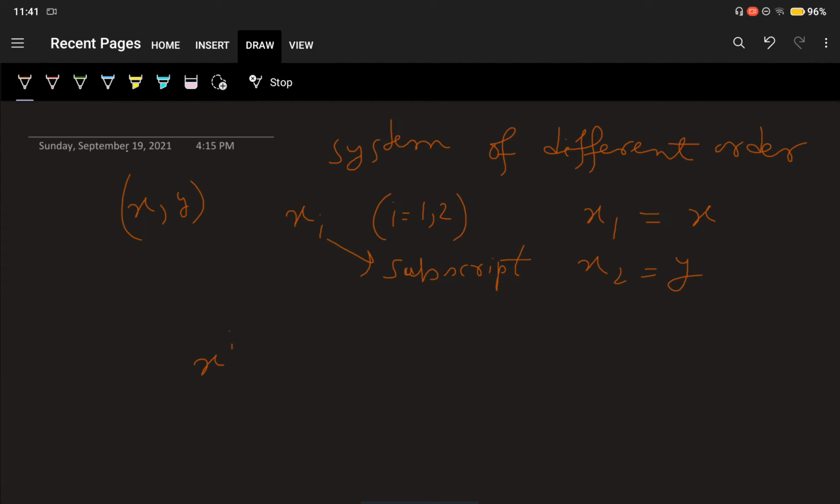So x superscript i, where i stands for 1 and 2. x superscript 1 is defined as x, and x superscript 2 is defined as y.